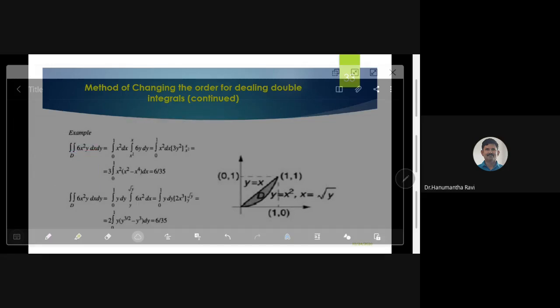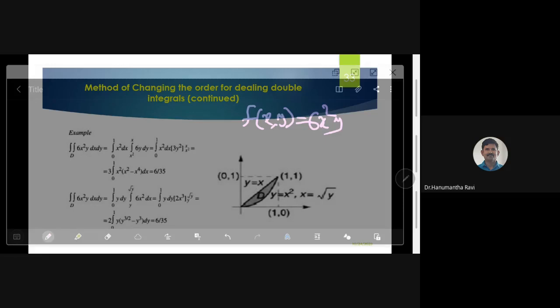The integrand is 6x square y. So our f of x, y is 6x square y. Please remember this. And what is the region D? D is given here.